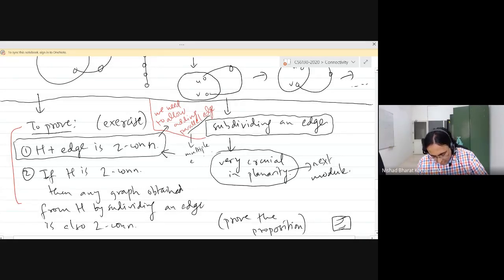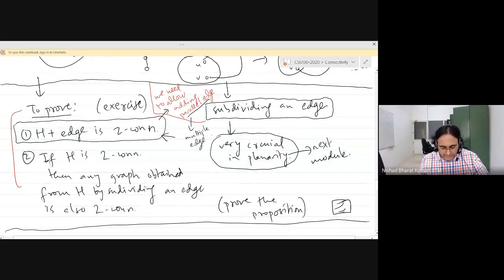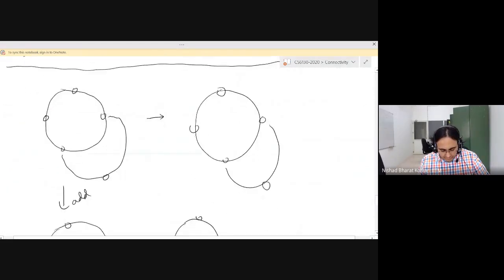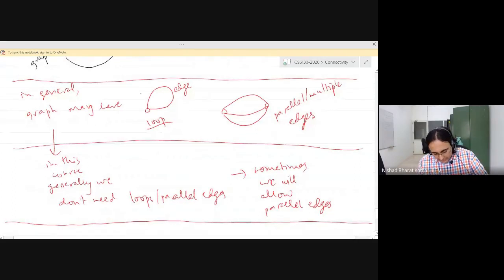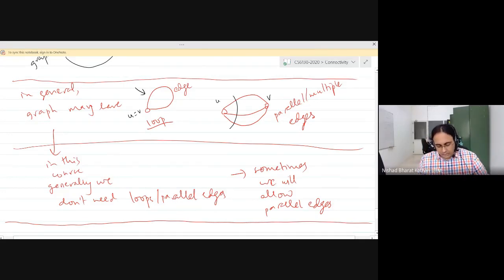In fact, if you pick up any graph theory textbook, they generally allow a graph to have loops. A loop is an edge whose u is equal to v. And they also allow parallel or multiple edges, so two vertices joined by more than one edge.